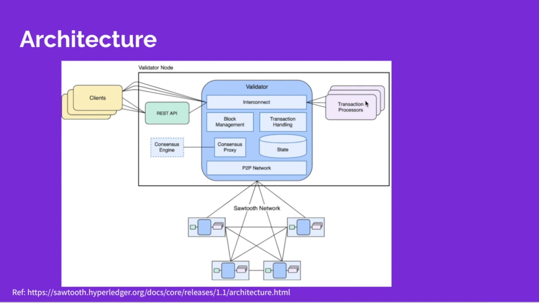And this transaction processor is basically your smart contract. You create a contract, in Hyperledger Sawtooth terms, it's a transaction processor. Apart from that, it supports a consensus proxy where you can plug in different kinds of consensus engines. And below that, it's a simple P2P topology to create a blockchain network.